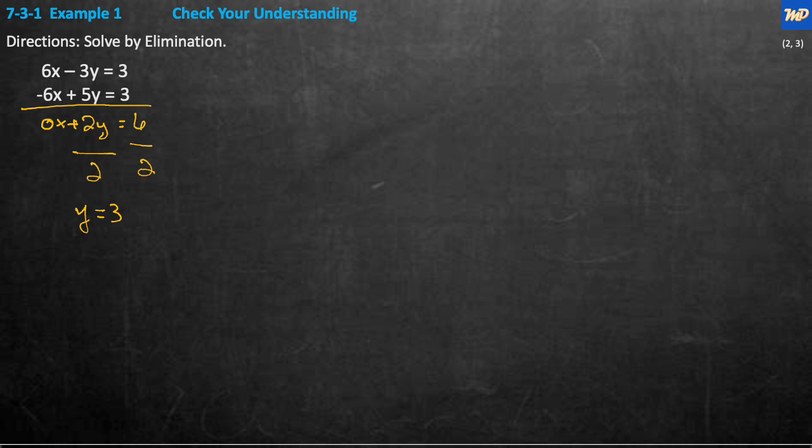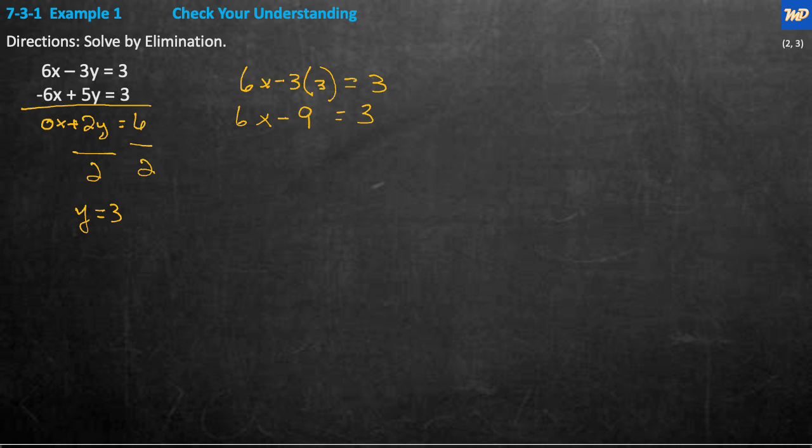Now we're going to substitute in either equation. It doesn't make a difference which one we choose. I'll pick the top one, and this time we're going to solve for x. So 6x minus 3 times y, and y is 3, equals 3. We say 6x minus 3 times 3 is 9, so minus 9, and that equals 3.